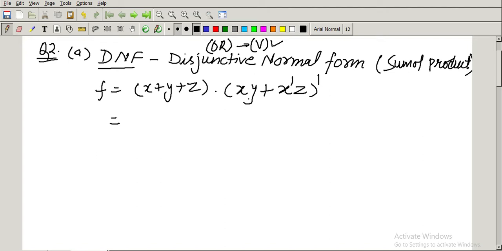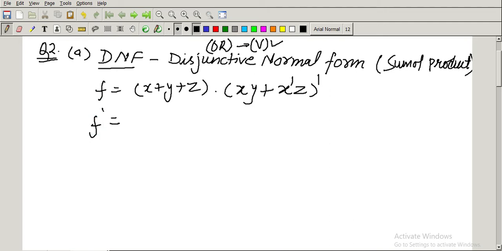So what we have to do is apply some Boolean algebra rules. If you don't know about the Boolean algebra rules, please watch my computer system architecture video in which I have explained all the rules of Boolean algebra. For that, we have to take the complement of this given function.